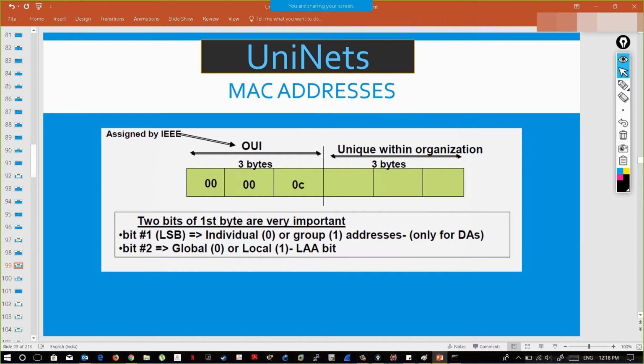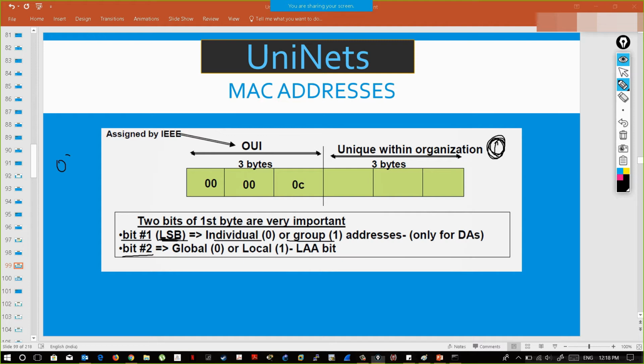And two bits of the first byte are very important: bit number one, the LSB, and bit number two, global or local. Bit 1 says whether it is an individual or group address.